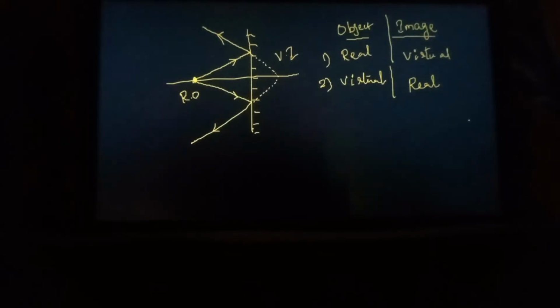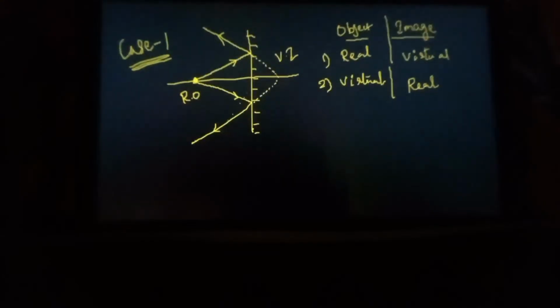Here you can observe two cases. I am taking this as case 1, and coming to case 2, we are extending, so I am taking light rays coming from a certain point.